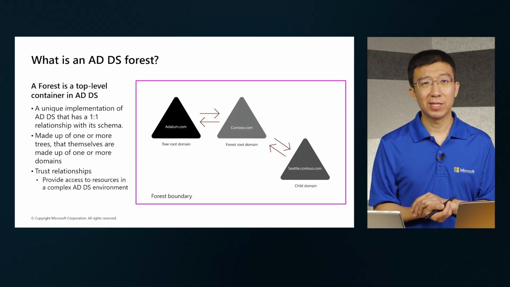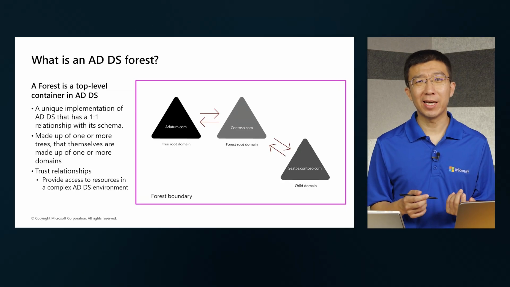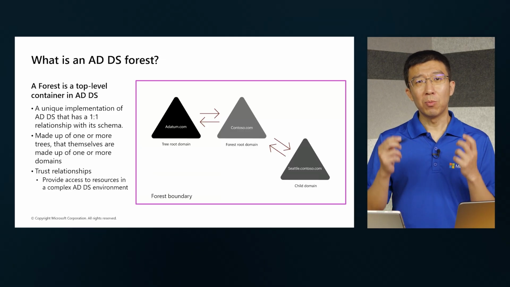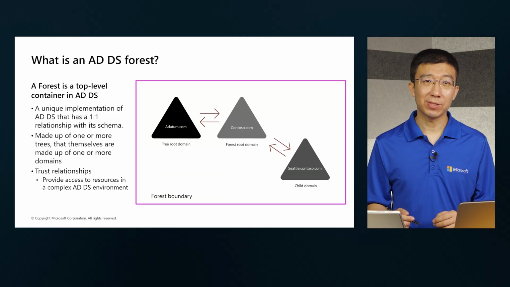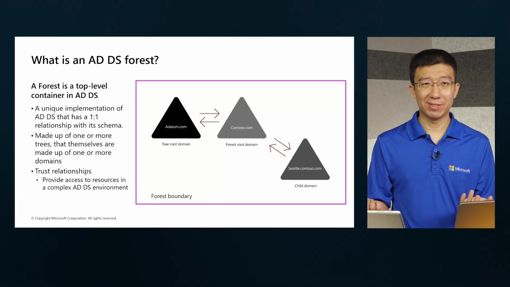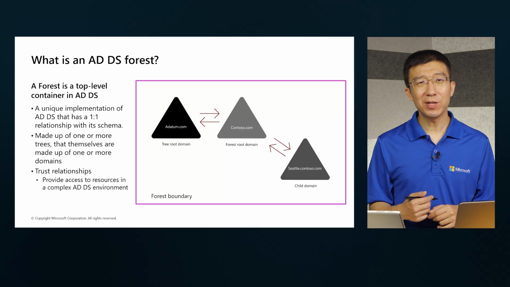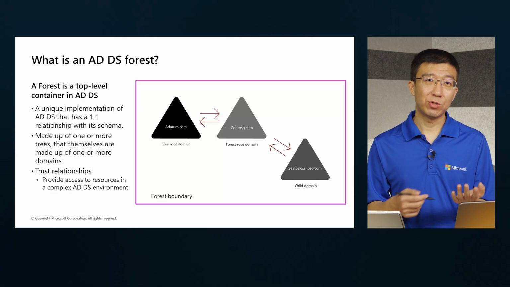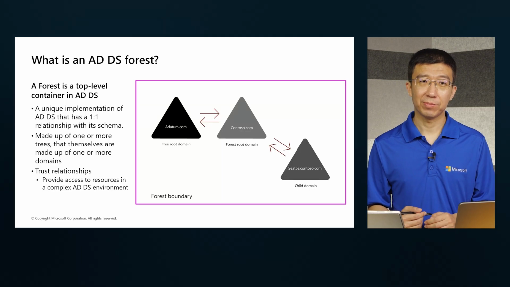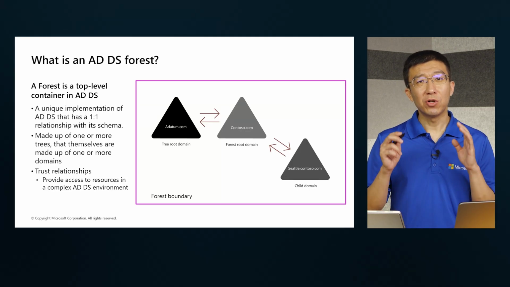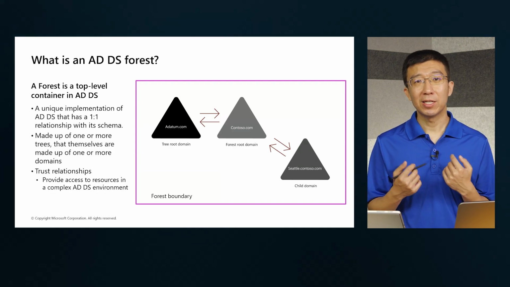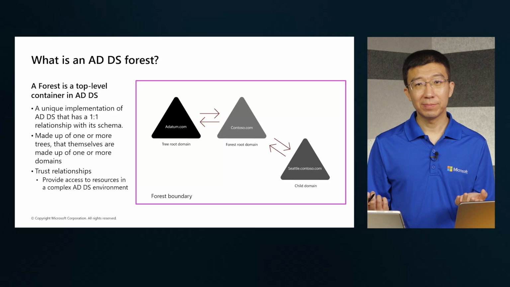A forest is the top-level container in ADDS. It's made up of one or more domain trees, which themselves contain one or more domains. Forests provide boundaries for trust relationships and access to resources. Within a forest, domains share a common root, schema, and global catalog.